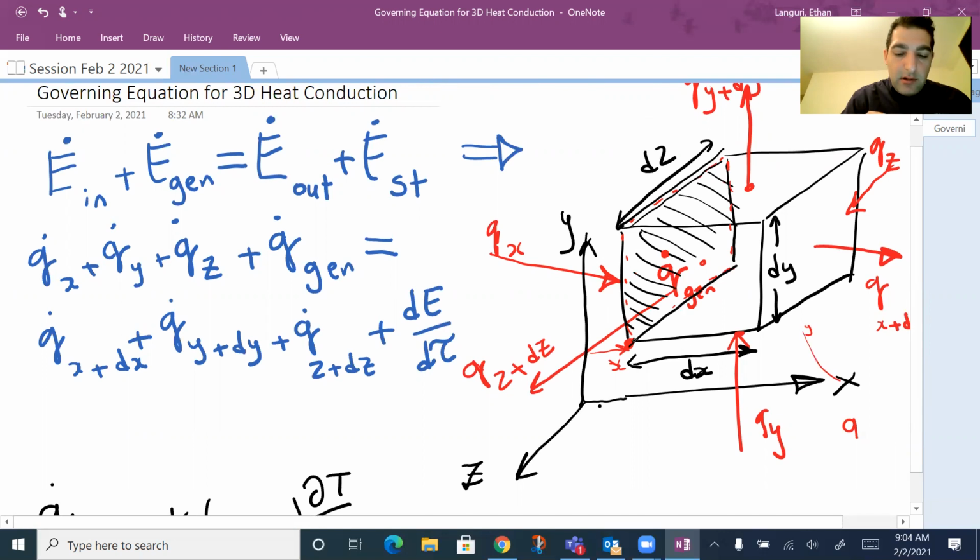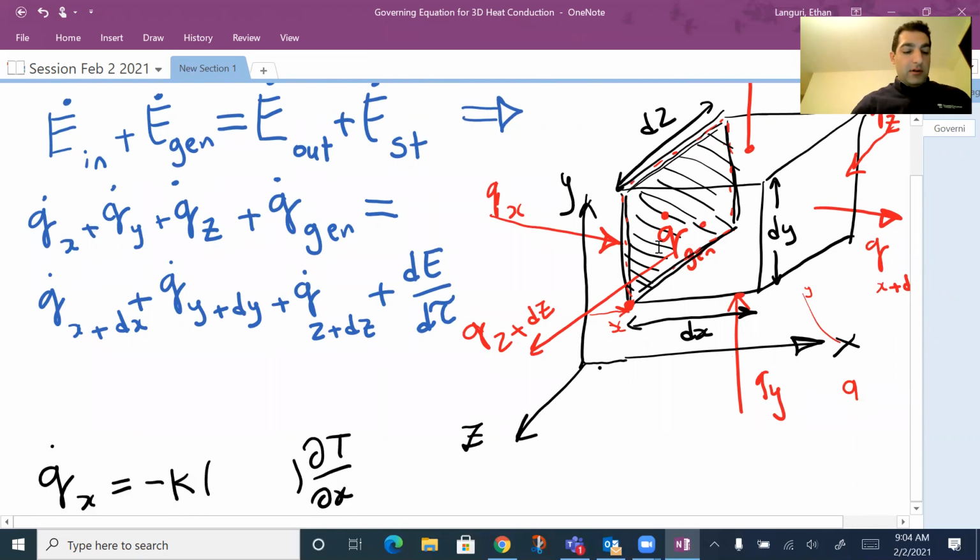So as you can see, this area is nothing but dz times dy. Why? Because one dimension of this horizontal length is dz, the vertical height is dy, because that's along the y direction. So that area is dz times dy simply.